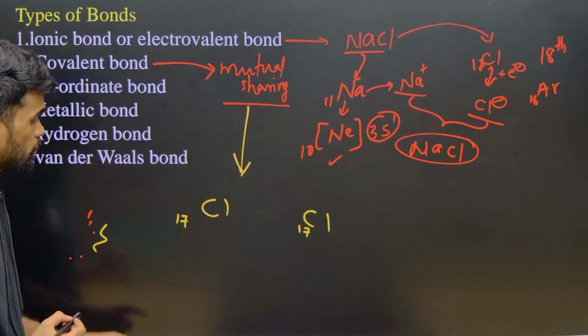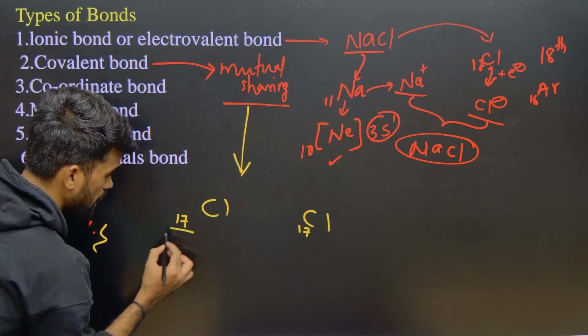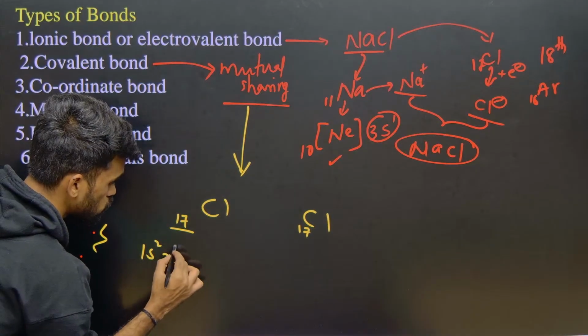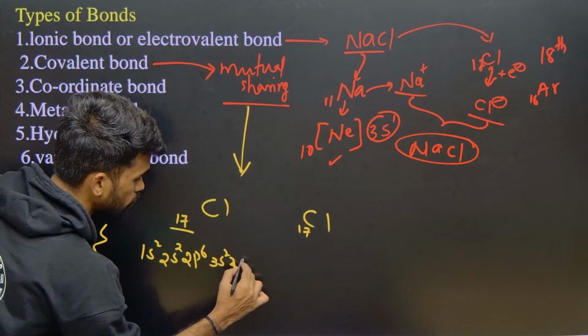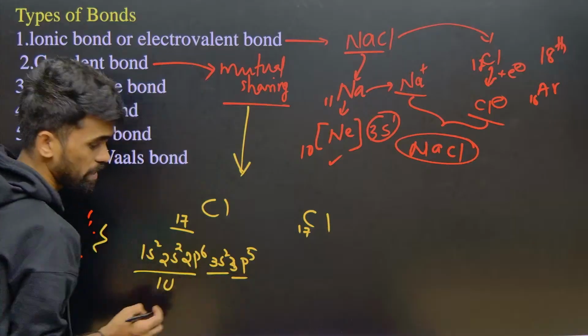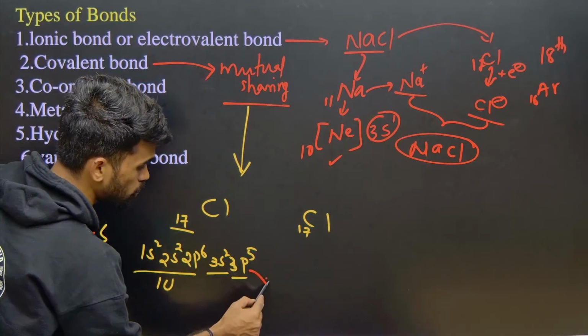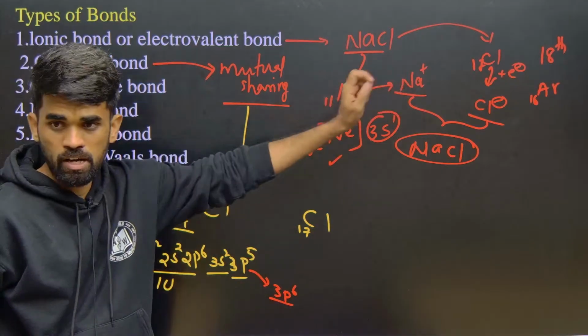If I write the electronic configuration: 1s2, 2s2, 2p6, 3s2, 3p5. That is 10 plus 2 plus 5, 17. If we give one more electron, it becomes 3p6, the argon configuration.